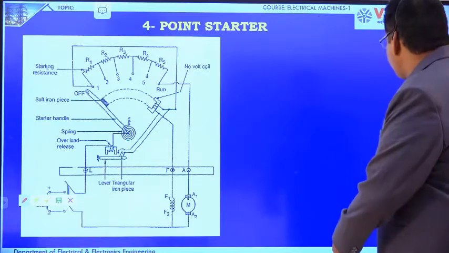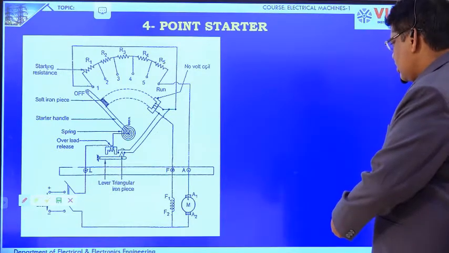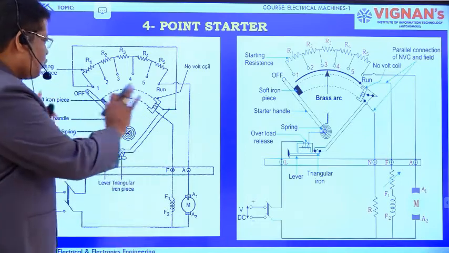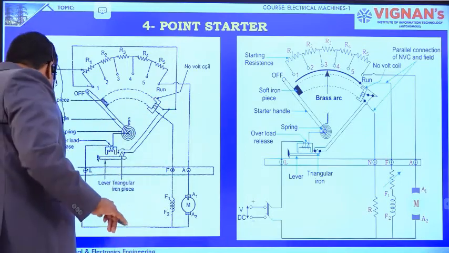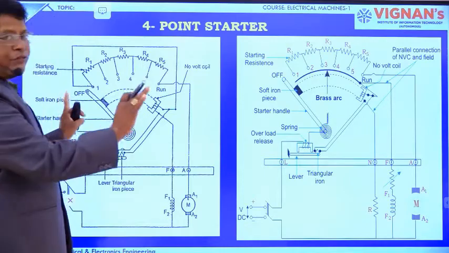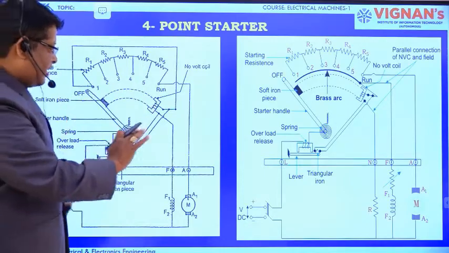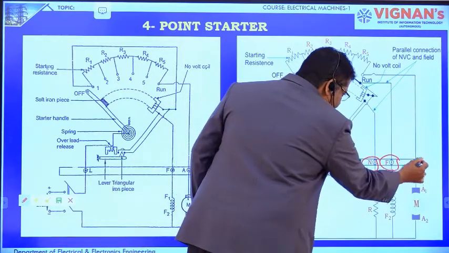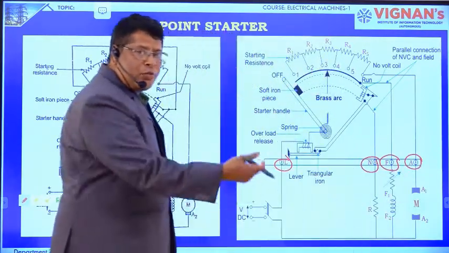Now we are going to see the 4-point starter. If we compare the circuit diagrams of the 3-point starter and the 4-point starter, here, this is the 4-point starter. The 4 terminals are there.